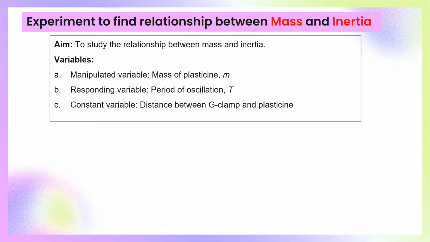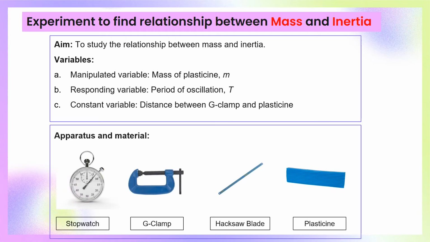The responding variable is the period of oscillation, and the constant variable is the distance between the G-clamp and plasticine. The apparatus and materials are a stopwatch, G-clamp, hacksaw blade, and plasticine.